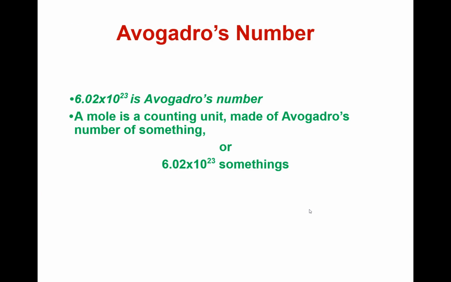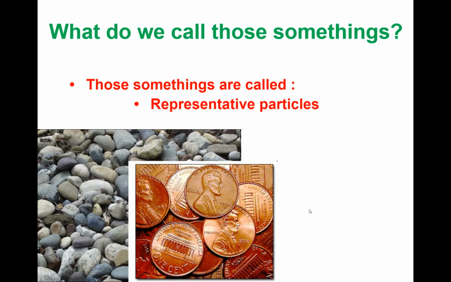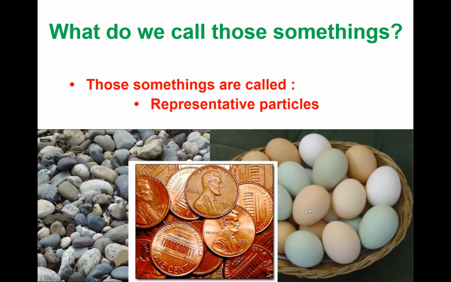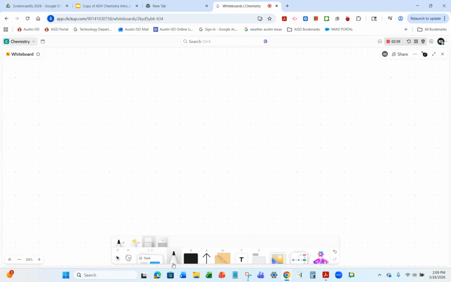So in general, what is a mole? One mole in terms of number, very important, is 6.02 times 10 to the power 23 of anything. In chemistry, sometimes we use representative particles. One mole of any representative particles, like rocks or coins or eggs or atoms, molecules, compounds, is equal to 6.02 times 10 to the power 23.